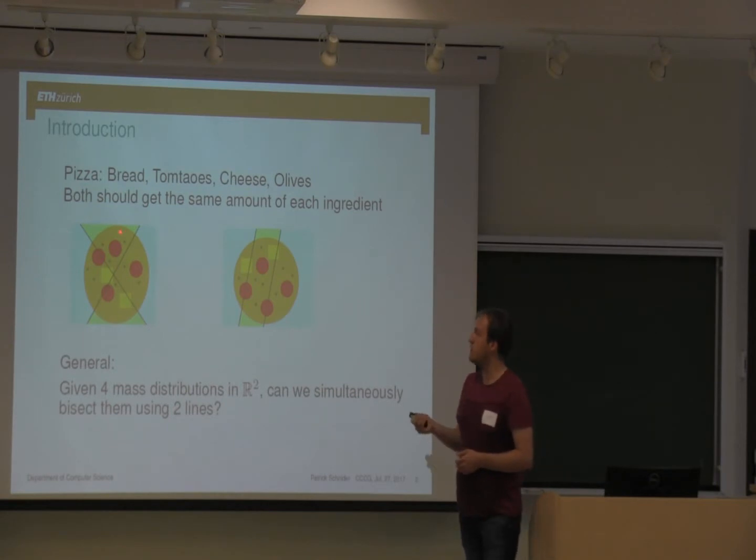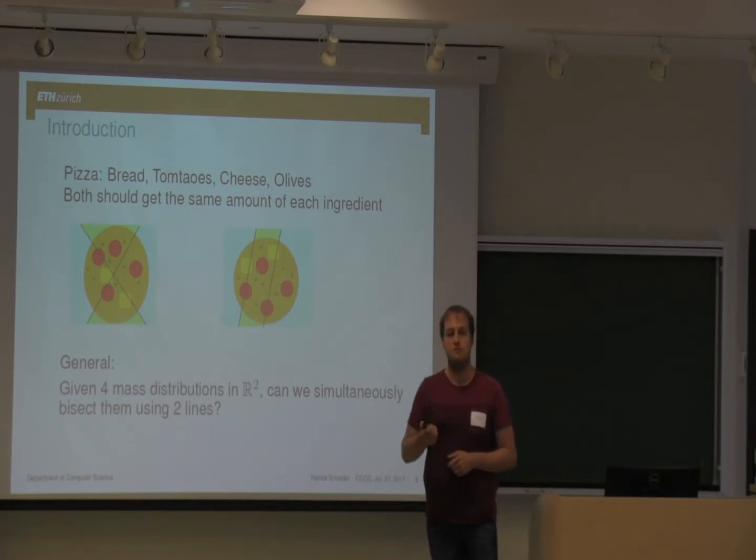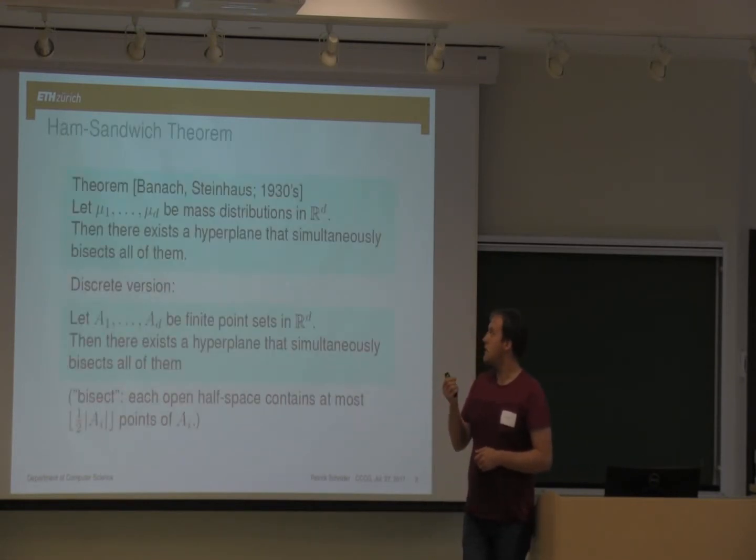And then again, with these 2 lines, you will have these antipodal regions, or these regions if they are parallel. And in these regions, we want exactly half of each of these masses.